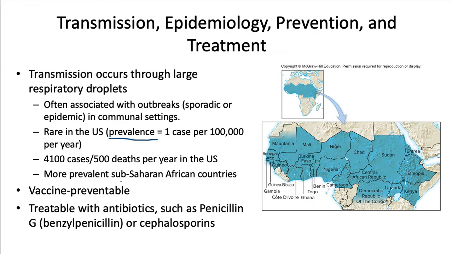So if you're traveling to one of these regions, it's often suggested to get the vaccine. Meningitis is vaccine preventable. It's not always widely administered in the US because of the low prevalence of the infection. However, traveling to a region where it's more prevalent makes it a wise decision to get the vaccine.